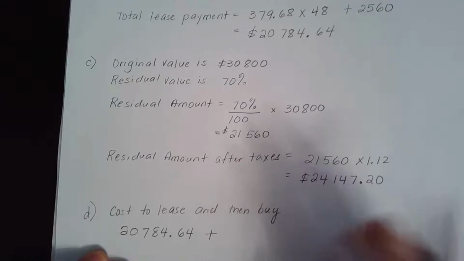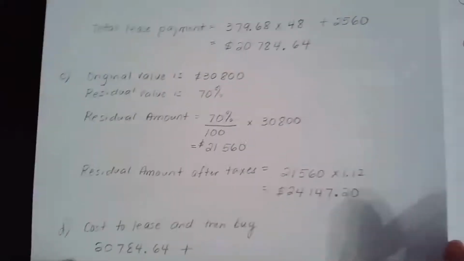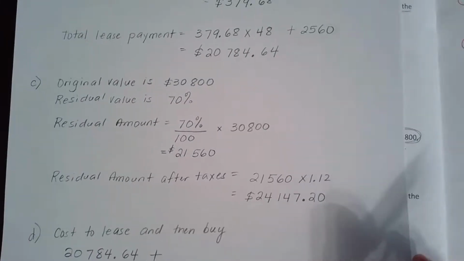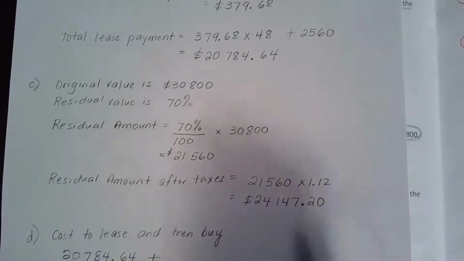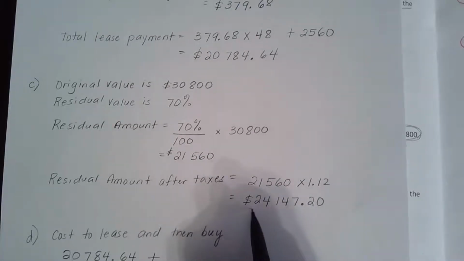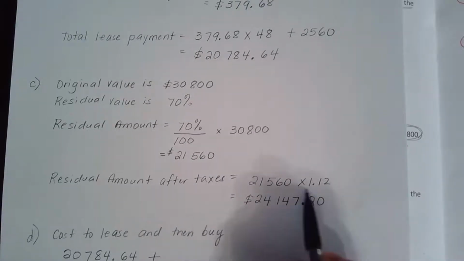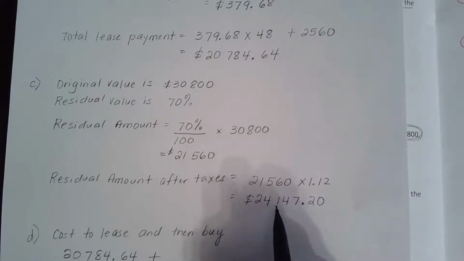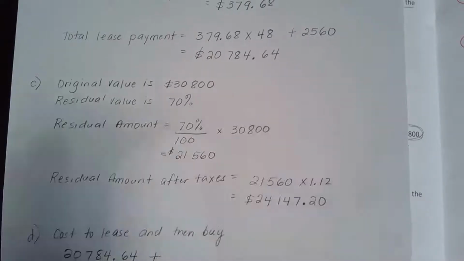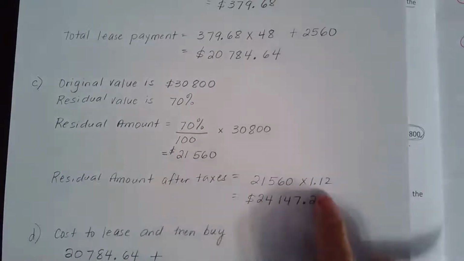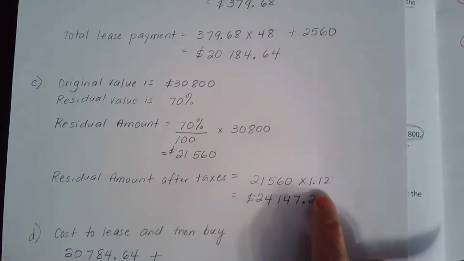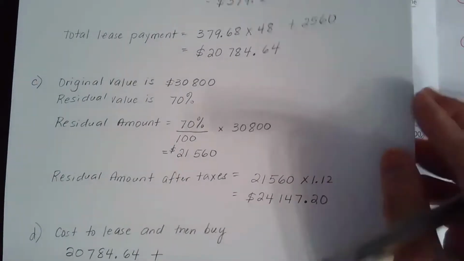Plus buy. If we were to buy the car that was leased 4 years ago, it would cost $24,147.20. That amount was already calculated in letter C.